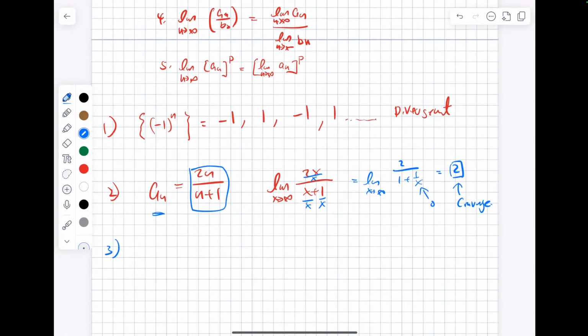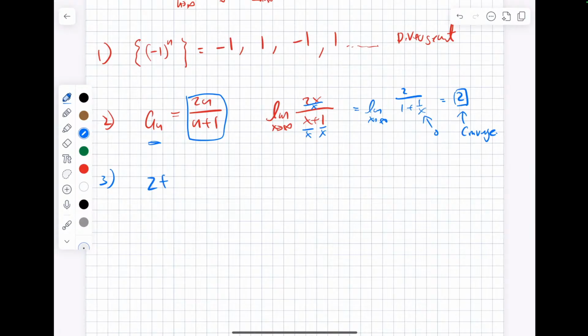Okay, number 3. This one's interesting. I want you to think about this one. a_n equals 2 plus negative 1 to the n over n. Does this converge or diverge?